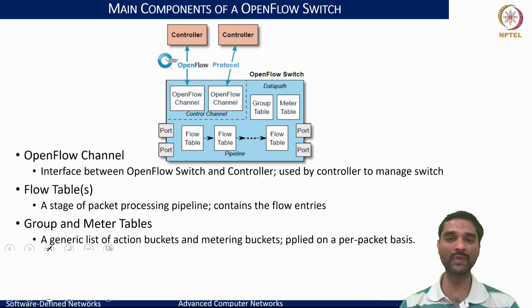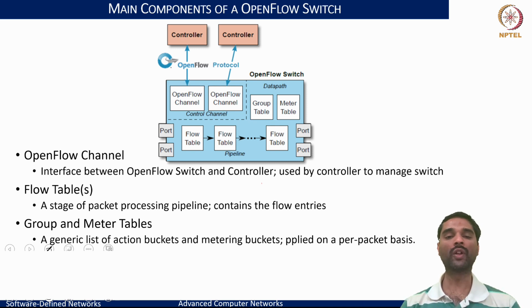As we said, this channel can be secured using TLS communication. Otherwise, it could be just bare TCP to ensure that the communication is reliable. And any of the three kinds of messages that we discussed would then update the data path or make some configurations on these flow tables.